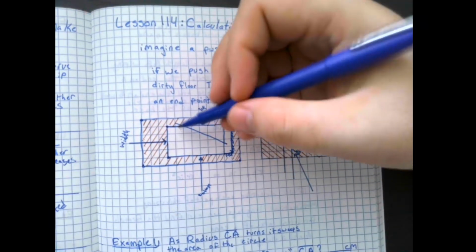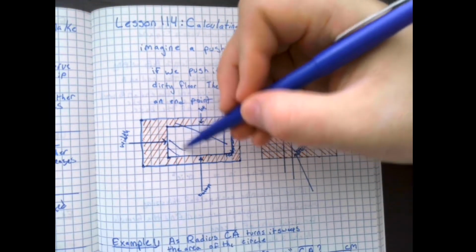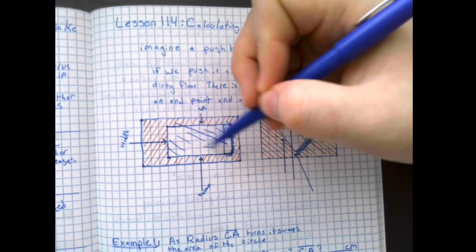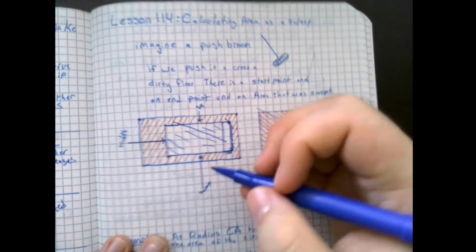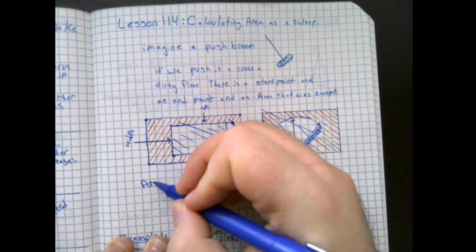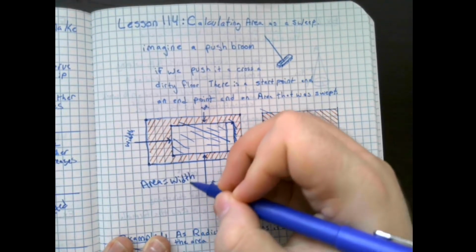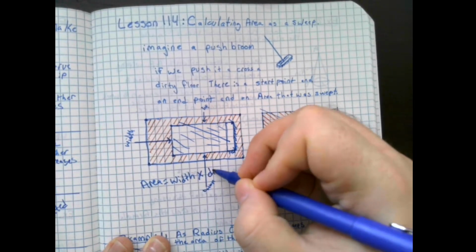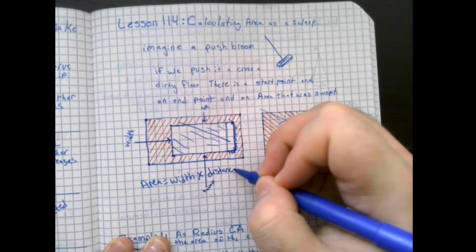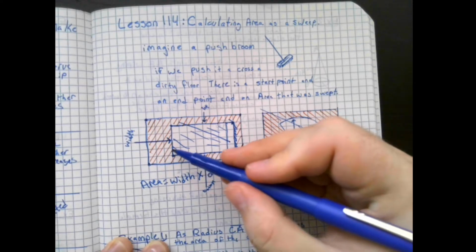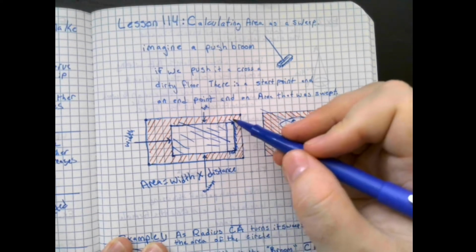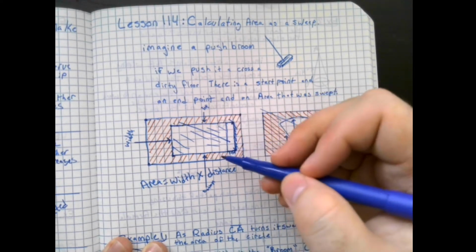And if I wanted to know the area that I cleaned, the clean area here, well, all I would have to do is multiply the width times the distance that I pushed it. Whatever this length is and this length is, in this case, these two are the same.